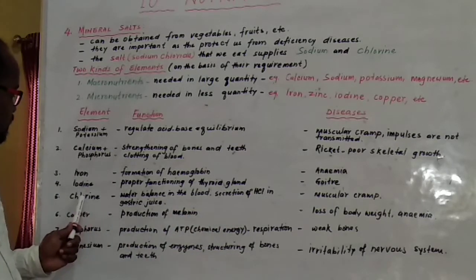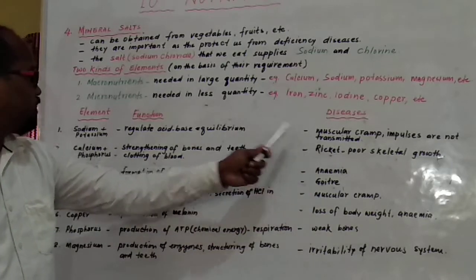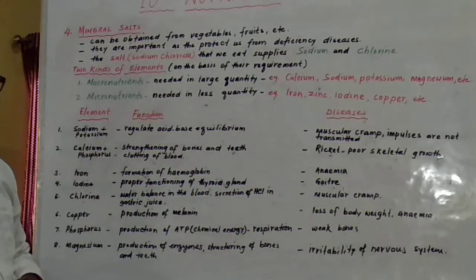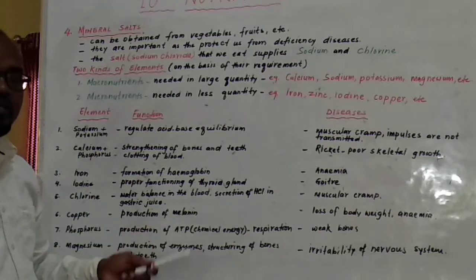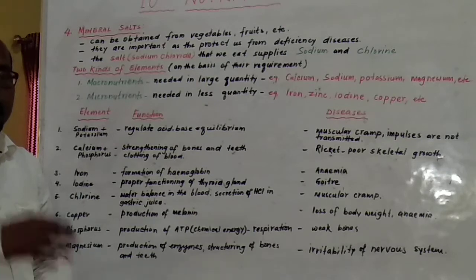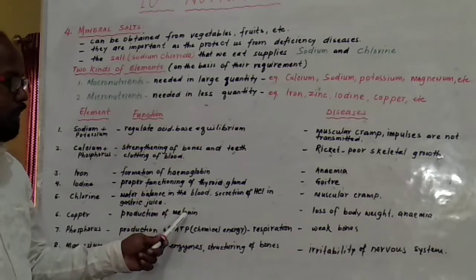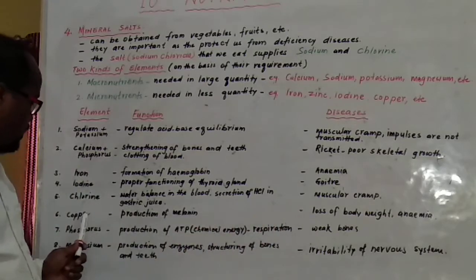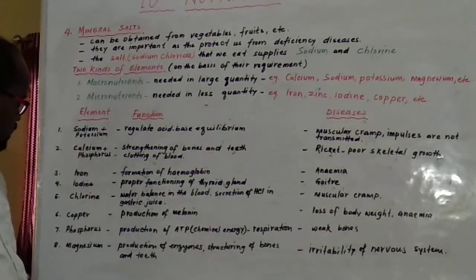In the absence of chlorine, there is again muscular cramp, like the absence of sodium and potassium. Copper helps in production of melanin. Melanin is the pigment of the skin and the hair. In the absence of copper, there is loss of body weight and anemia.